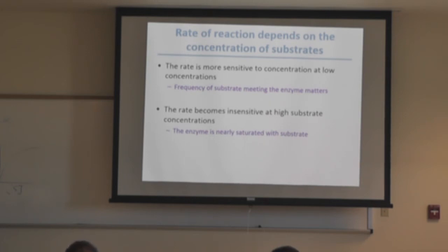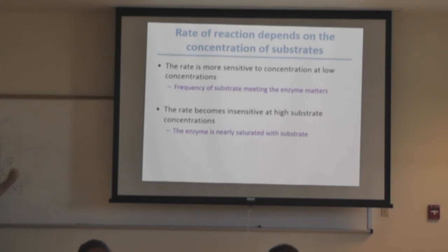At low concentrations, a little increase in substrate has a massive change in the rate at which you're producing the product, right? Maybe I'll just write rate. That should be dP over dt, right? So that's the rate.